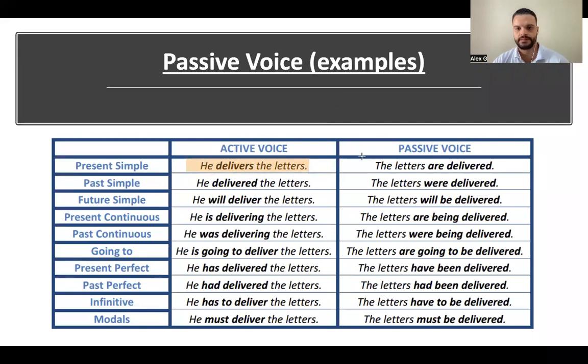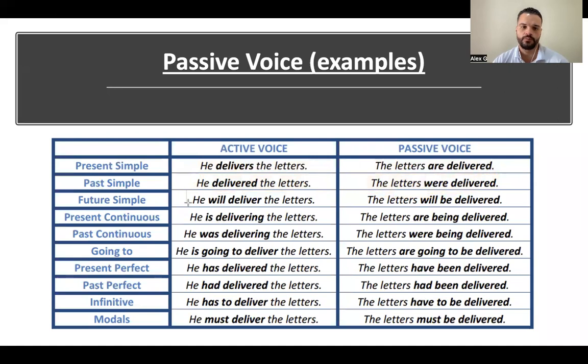So in this case, the letters are being acted upon. So the letters are delivered, always with the verb to be and the past participle form. And this continues for all of the tenses. In the past, he delivered the letters, the letters were delivered.